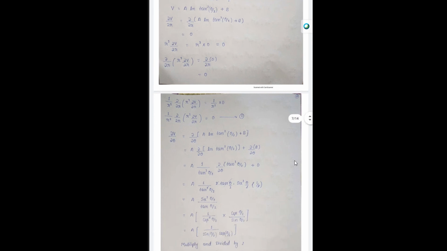In order to find A and B, they have given some values. That is, the magnitude of the electric field intensity is 500 volts per meter, and the potential is 100 volts.